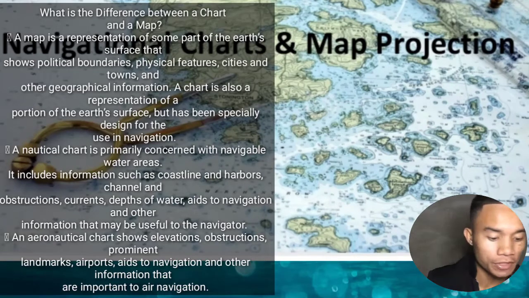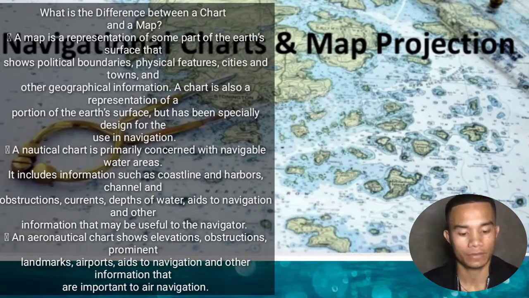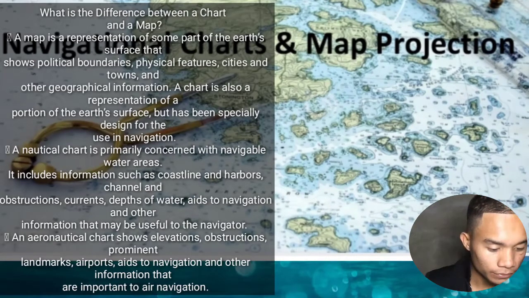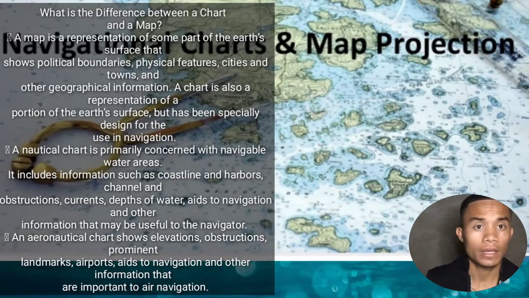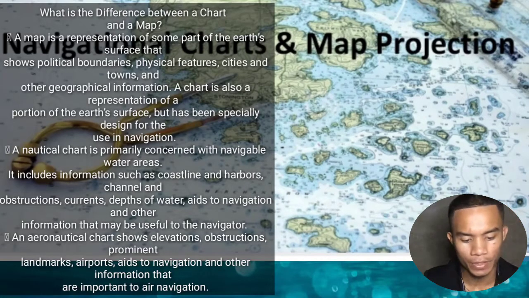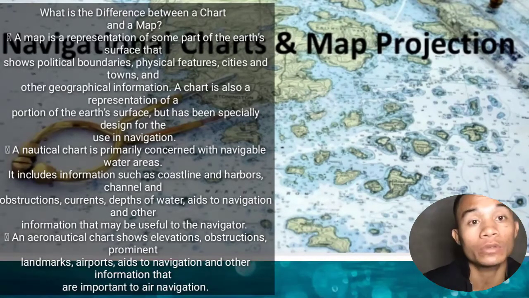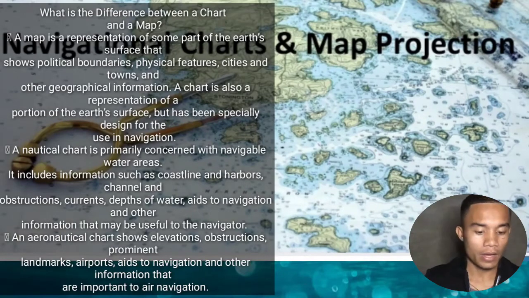It includes information such as coastlines and harbors, obstructions, current, depths of water, aids to navigation and other information that may be useful to the navigator. An aeronautical chart shows elevation, obstructions, landmarks, airports, aids to navigation, and other information that is important to air navigation.